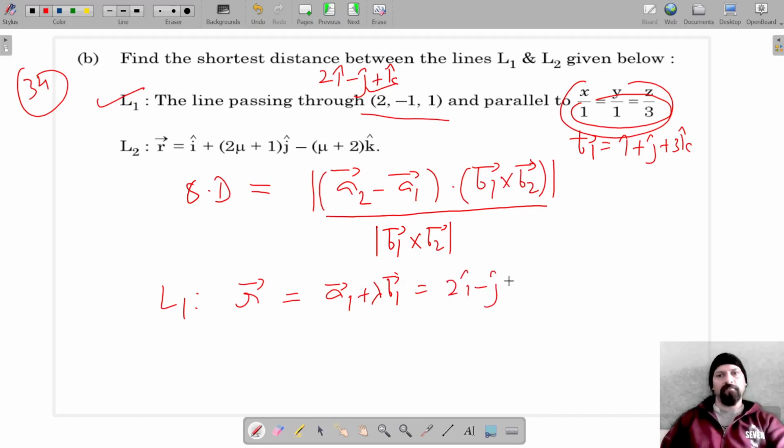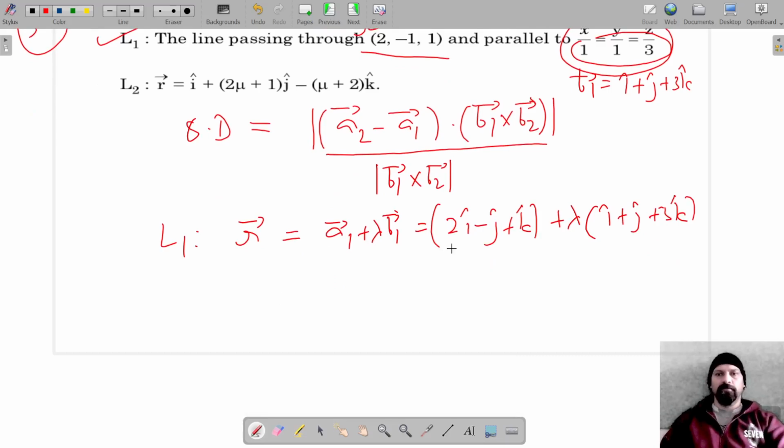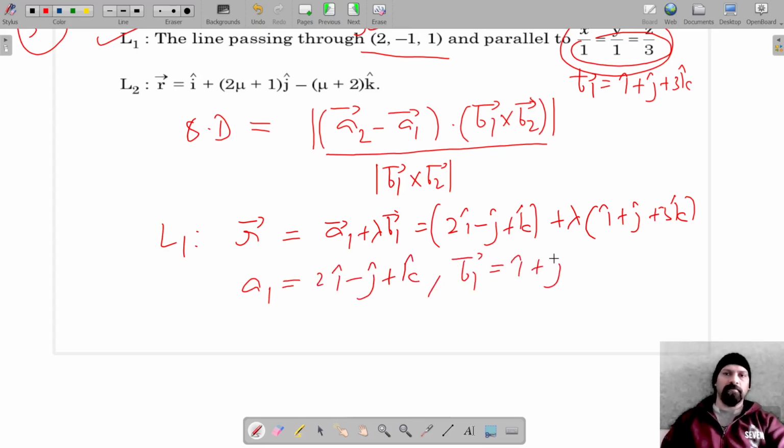So 2i cap minus j cap plus k cap plus lambda into b1 vector, which is i cap plus j cap plus 3k cap. So this is the vector equation of the line L1. Let's write down the a1 vector, which is 2i cap minus j cap plus k cap, and the b1 vector here is i cap plus j cap plus 3k cap.